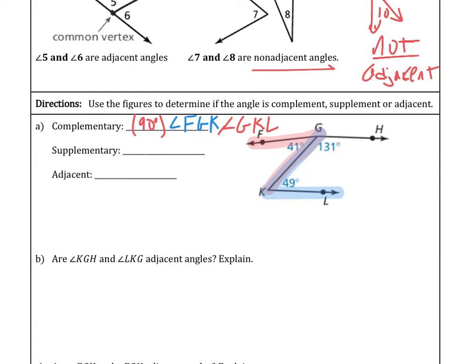If we're looking for two angles that are supplementary, remember, what does supplementary add to? Supplementary is 180, makes a straight line, or at least add to 180 total. So which of these two add to 180? Well, looks like 49 and 131. Those add to 180.